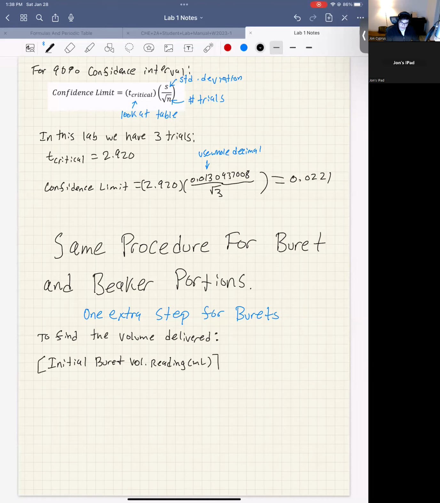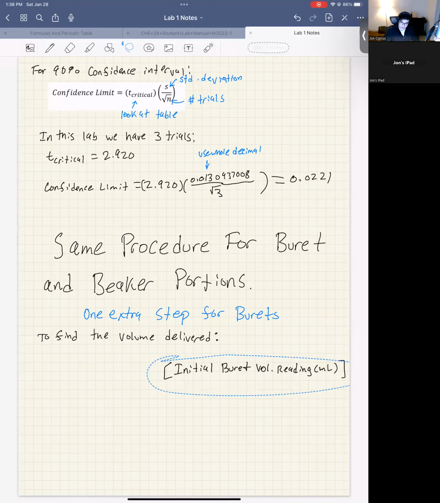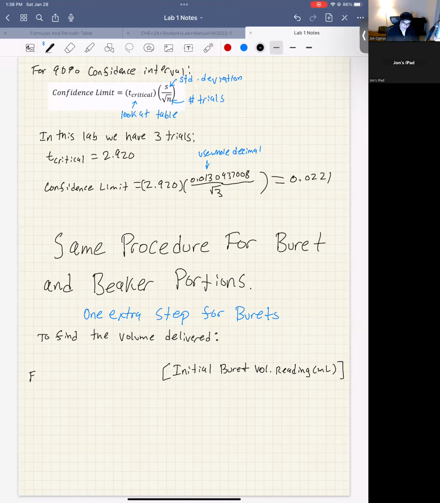And from that, actually, whoops, I'm getting this backwards. You take your initial burette volume reading and you subtract that from your final burette volume reading. And this should also be in milliliters.